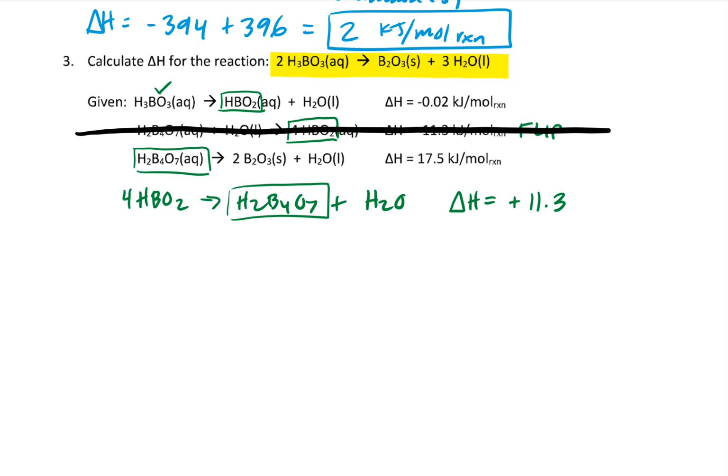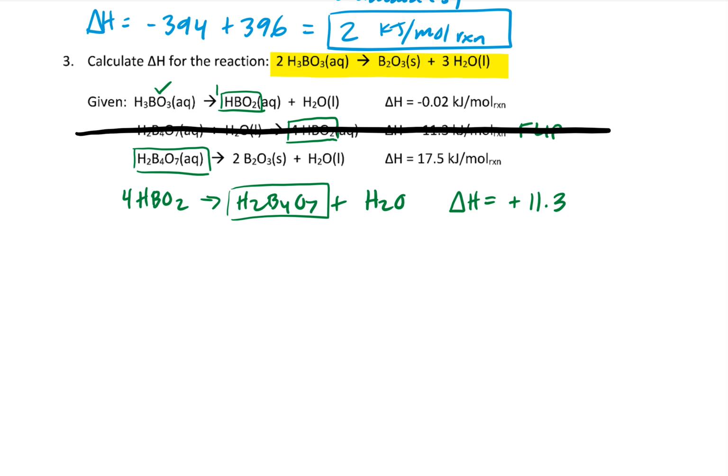So it looks like we're good in terms of checking to see if we need to flip our equations. So now when I add them together, we are going to cancel out these H2B4O7s. However, these HBO2s, notice that the coefficient of the first one is a 1 and the coefficient of this one down here is now a 4.